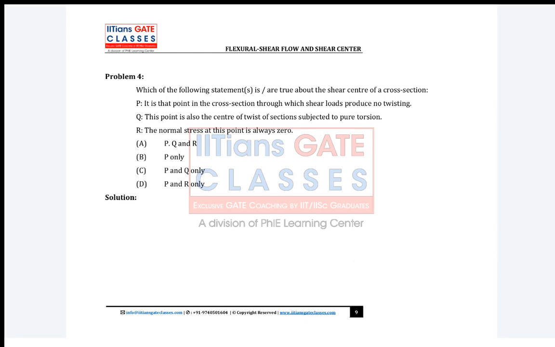What is given? Oh, that was the point of twist. Okay, shear center. Fine. So read this question. Which of the following statements is or are true about shear center of cross section? P: It is that point in the cross section through which shear loads produce no twist. Yes.